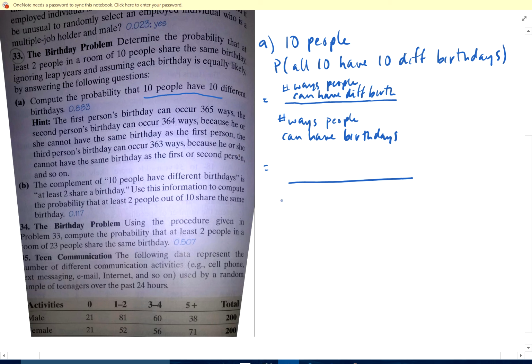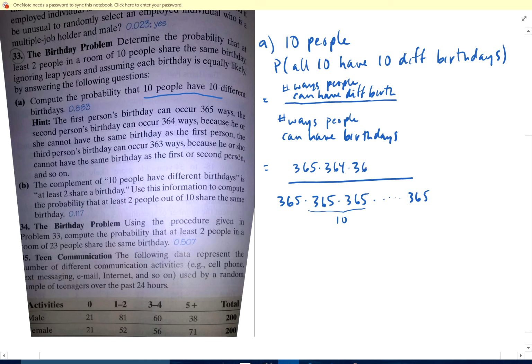So how many ways can people have birthdays? Well, if there's 10 of them, the first one has 365 different days they could have their birthday. The second one has 365 days, the third one 365, all the way out to 365, and there's 10 of them. Now, if they have different birthdays, how many choices does the first person have? 365. How many choices does the second person have to have a different birthday? 364.